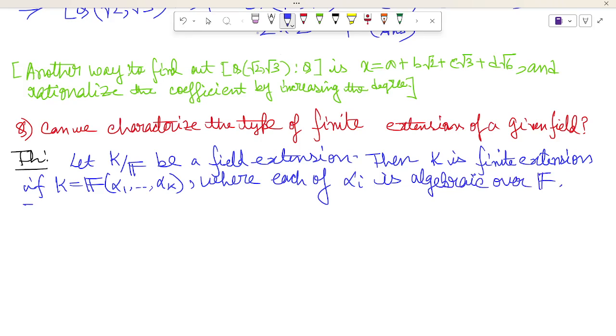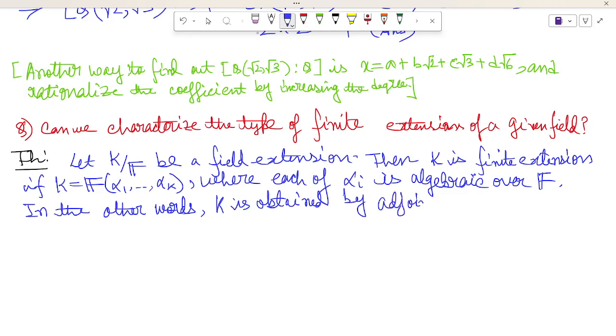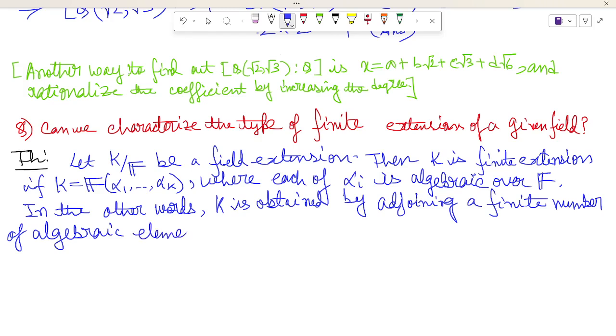In other words, K is obtained by adjoining a finite number of algebraic elements over F.